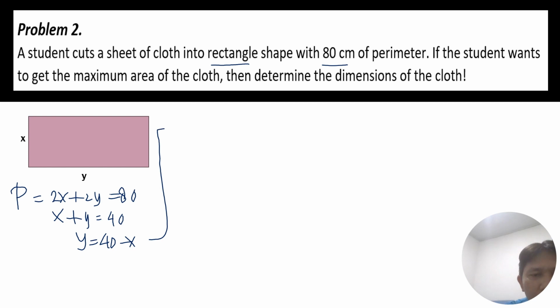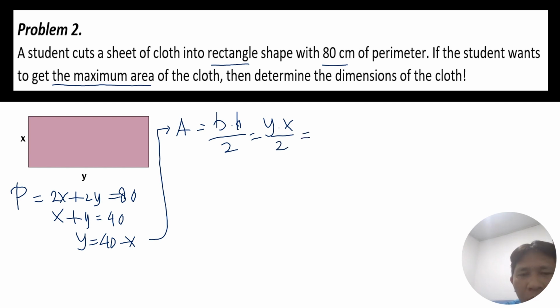Then let us continue constructing the function formula of the area because they say that to get the maximum area of the cloth. So here we have A equals base times height over 2. What is the base? y times x over 2. Then y equals 40 minus x times x over 2.